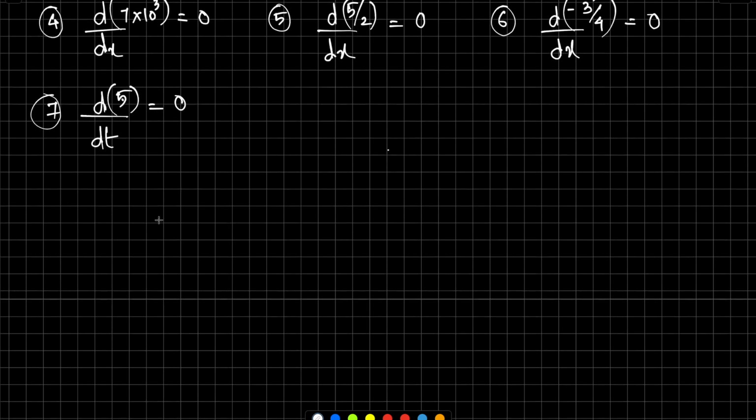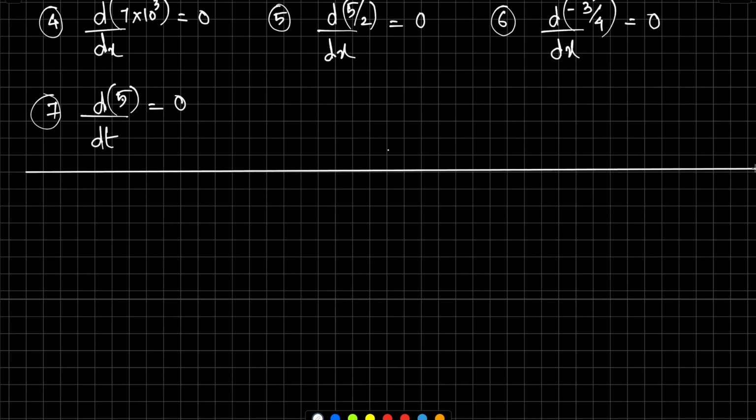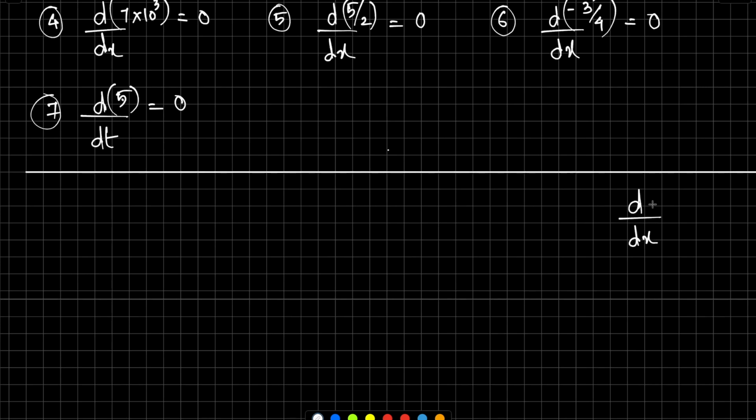Now let's talk about variables. So the equation to consider is d by dx of x to the power of n equals n x raised to n minus 1, the first equation. So the equation we're going to use here. d by dx of x cube, what is n here? n is 3.